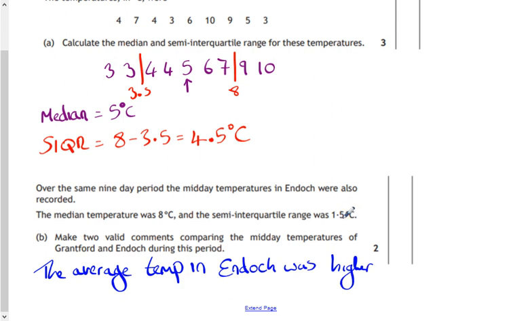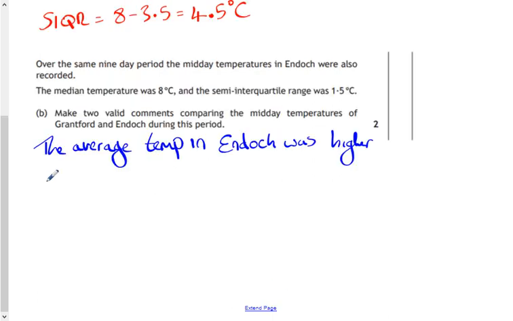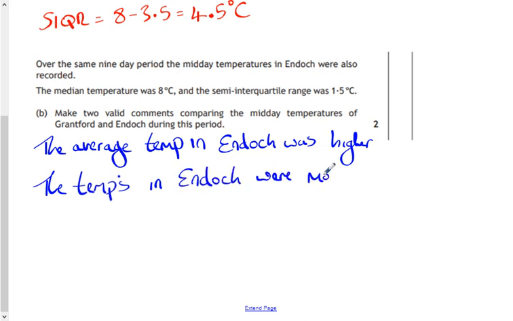And the interquartile range is lower there, so it means that the temperatures in Endok were more consistent. Okay, it means that the temperatures were all a lot more similar to one another. There's our 2 comparisons. Let's carry on.